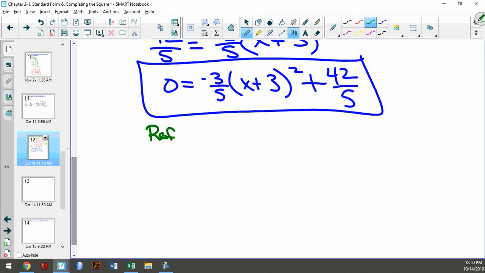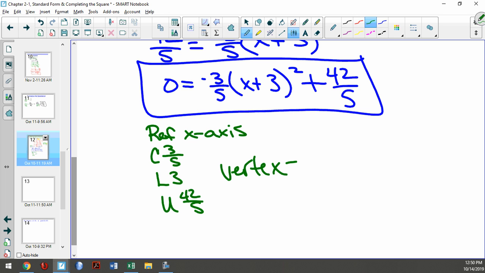It's reflected over the x-axis. The 3/5 is compressed. The plus 3 is to the left 3, and the plus 42/5 is going to be up 42 over 5. So that means my vertex is going to be what, folks? Correct.